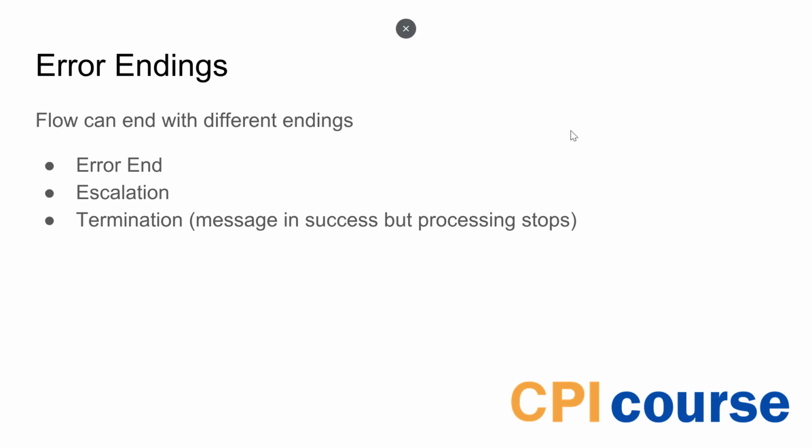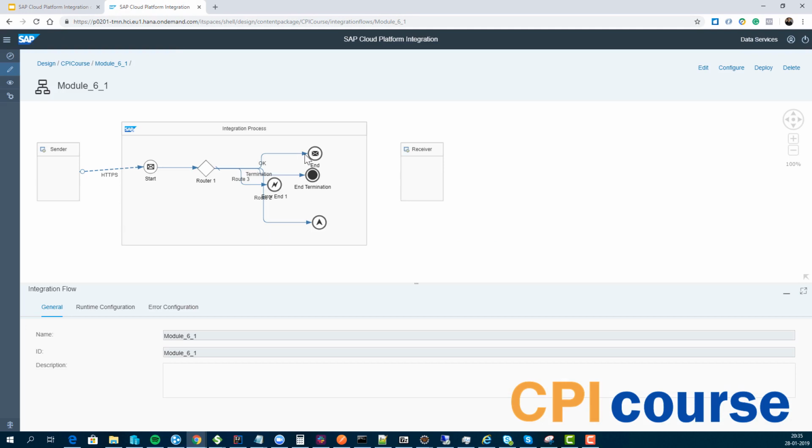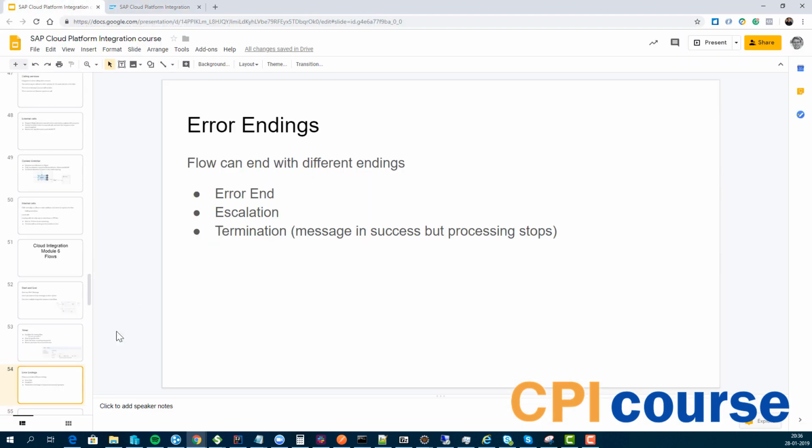Let's have a look at this. If we look at our flow here, we have these different alerts coming up. We have an error end here, and a termination. Let me just run this. That's the reason I want to take the next slides also.